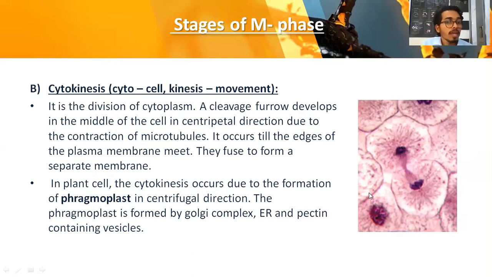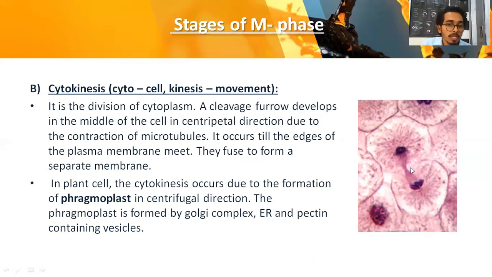Clear? Whereas in the plant cell, cytokinesis occurs by the formation of the phragmoplast. Phragmoplasts are nothing but the cell plates which are going to be formed, and they start from the center towards the periphery. Sorry, this is the animal cell, but try to understand the concept here.